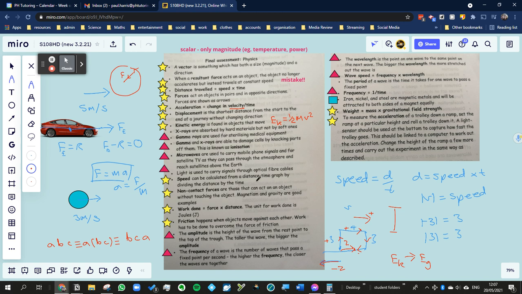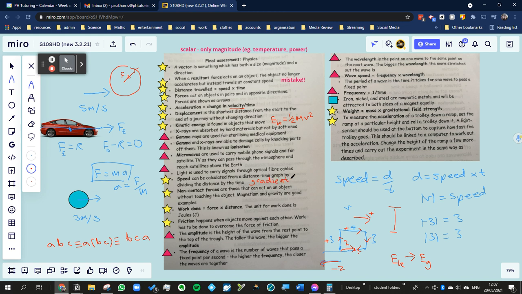Speed can be calculated from a distance time graph by dividing the distance by the time. That's a weird way of phrasing it. Well, you calculate the distance by the time whether you use a graph or not, don't you? So what this sentence should be talking about here is finding the gradient of the line.